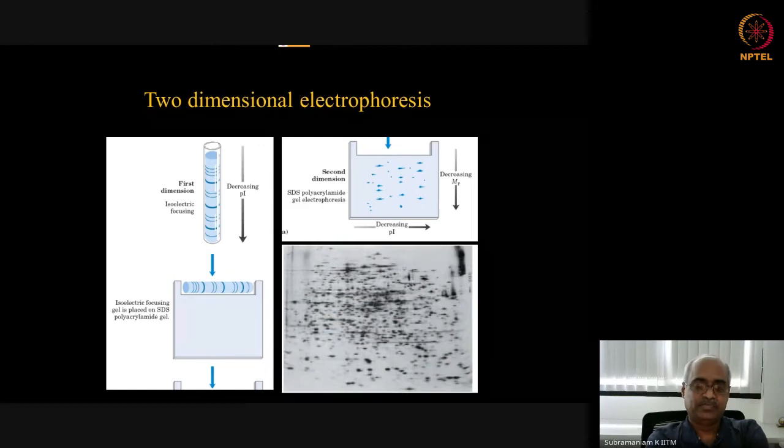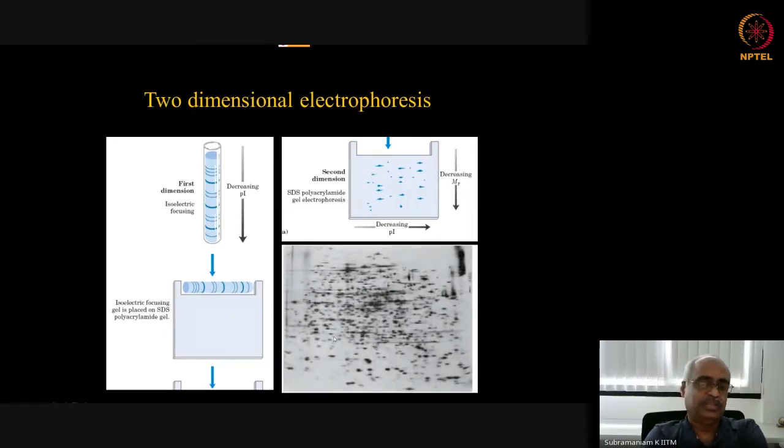In modern times, the technology has advanced well enough that we can generate reliably identical patterns reproducibly when you repeat with the same sample, and we have the ability to excise out a given spot and identify what protein that is.